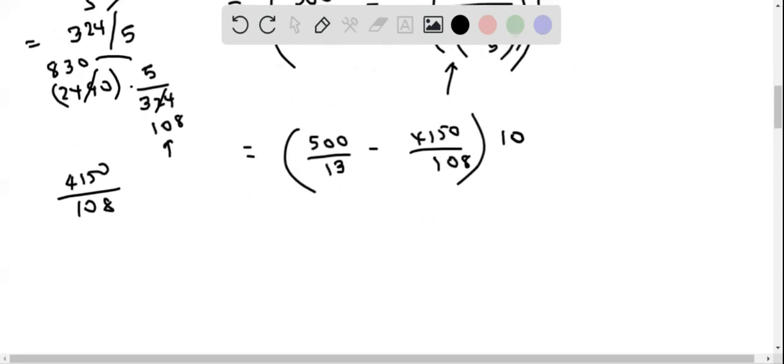So now the common denominator of these two fractions is 13 times 108.